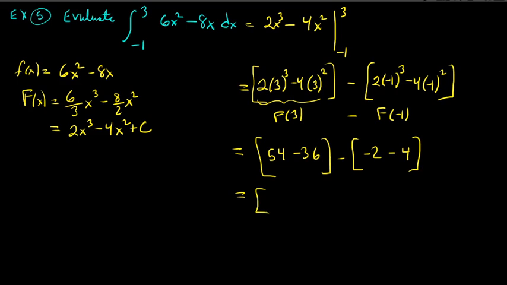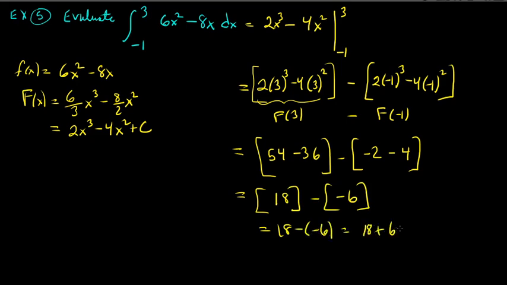And then we get 54 minus 36, which is 18, and negative 2 minus 4 is negative 6. So, yep, you just get 18 minus negative 6, which is 18 plus 6, which of course is 24.